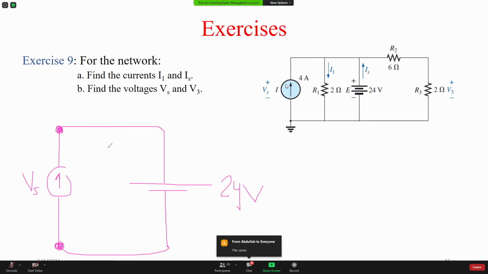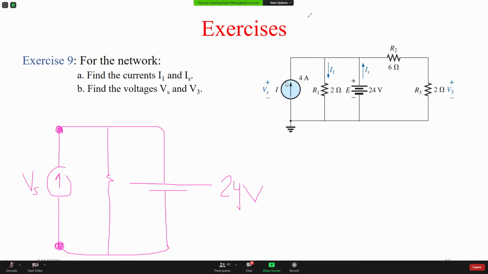Same. Well, if I put a resistor here, does that change it? No, it doesn't change it. These two points are still the same. So this is VS equals 24. This value.